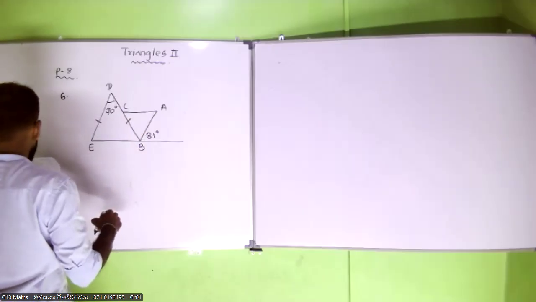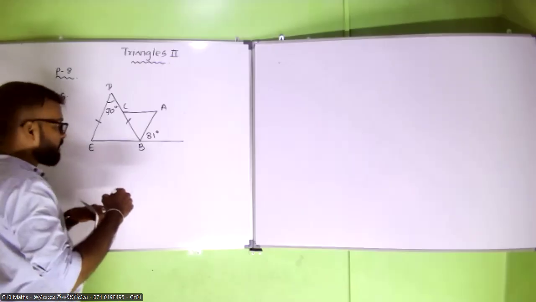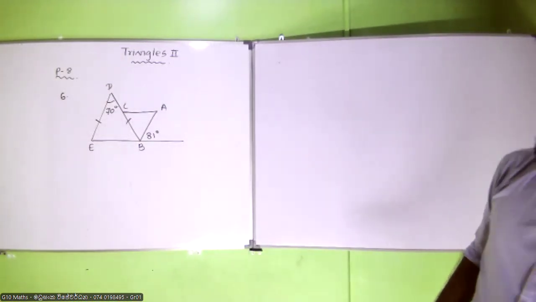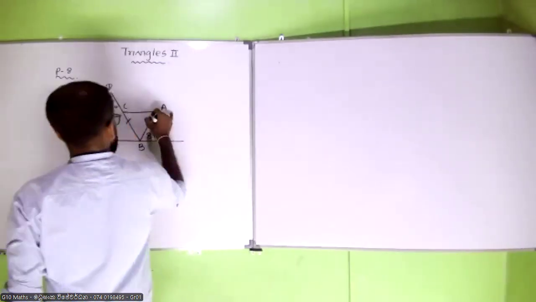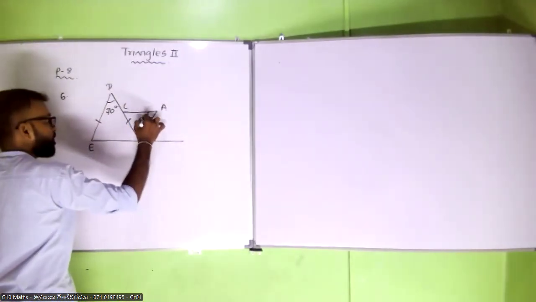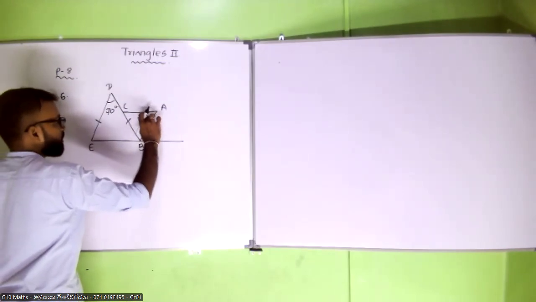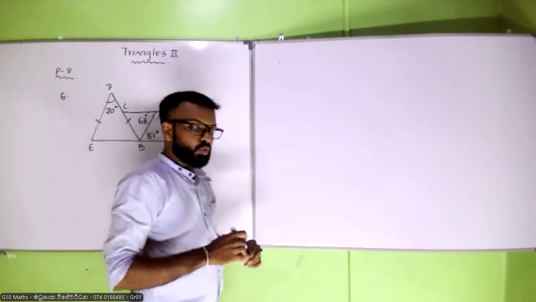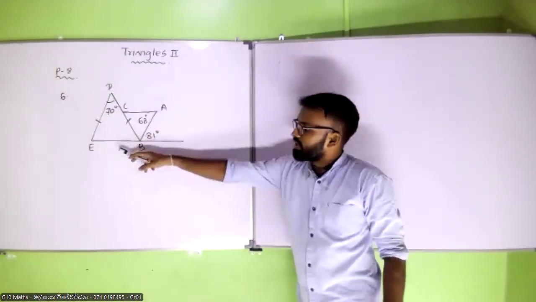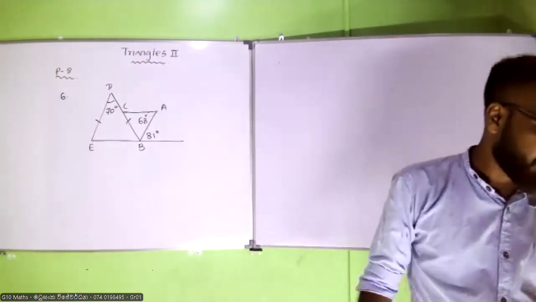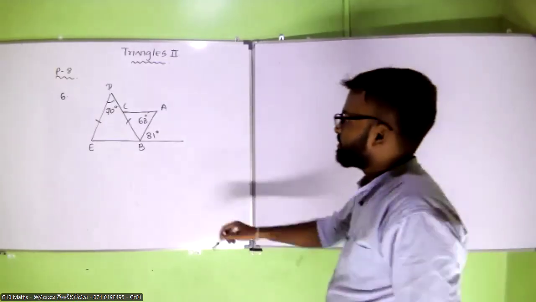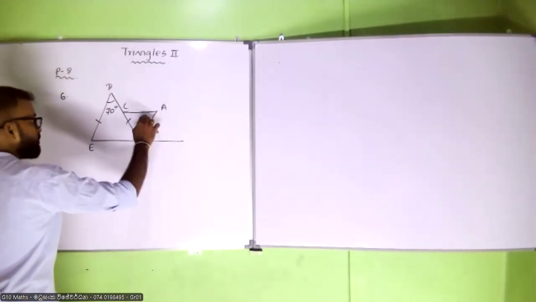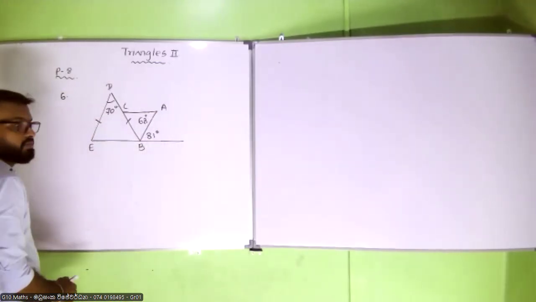Then you have to show that ABC is an isosceles triangle. Since this is 68 and this is 81, you cannot take AC and EB as parallel, because these are not alternate angles.